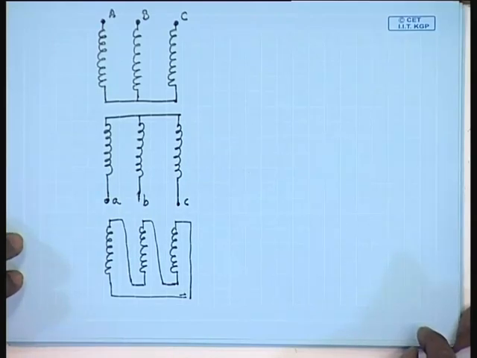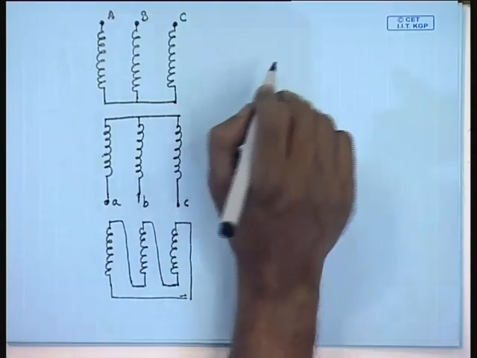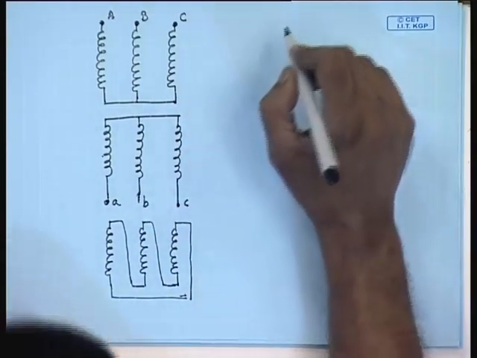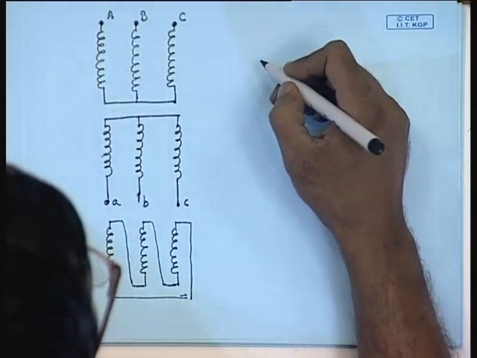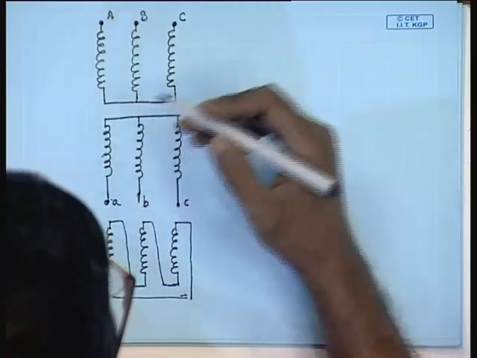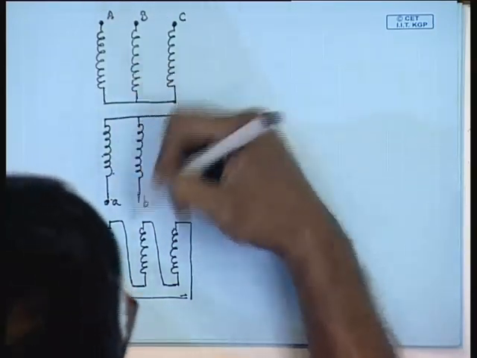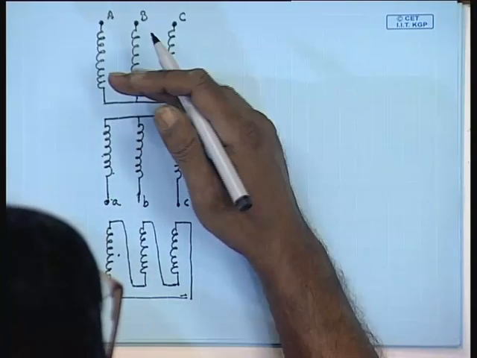Hence, by a similar argument, the 3 winding transformer can also be analyzed on per phase basis, and in steady state, if we consider a single phase of all the 3 windings, we can write the applied voltages and the currents as follows by referring all the voltages to the high voltage side.